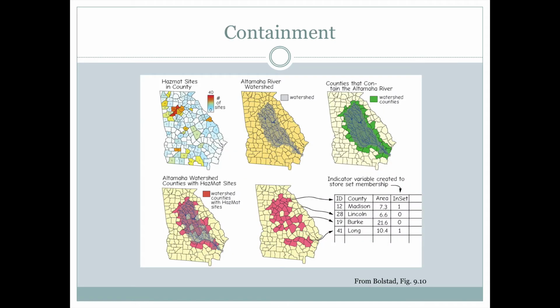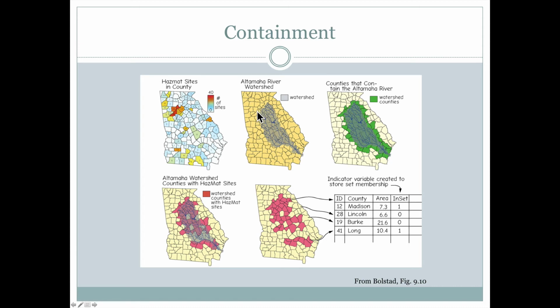A third type is containment. Sometimes things don't have to be completely contained within an area in order for part of that area to be contained within it. In this example, we see all of the counties with hazardous waste sites in them. We don't know where the hazardous waste sites are in that county, but we know those counties have to deal with this issue.